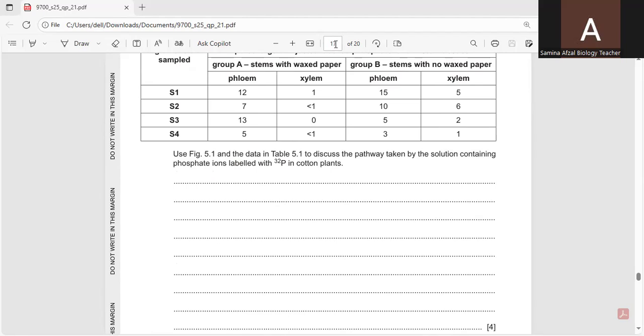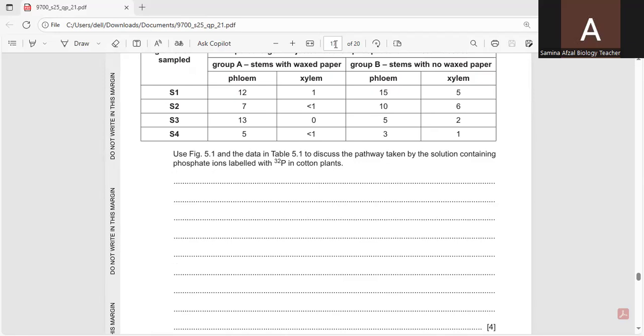Before writing, I would like to discuss that the pathway taken by the solution containing phosphate ions, according to this data, shows that phosphate is primarily translocated in the phloem from the source leaf, with evidence of lateral transfer into the xylem along the stem.